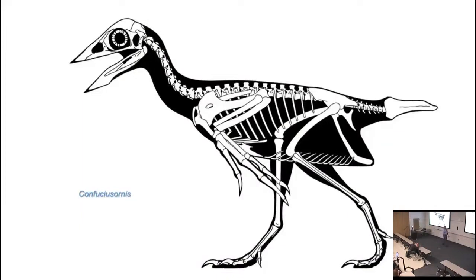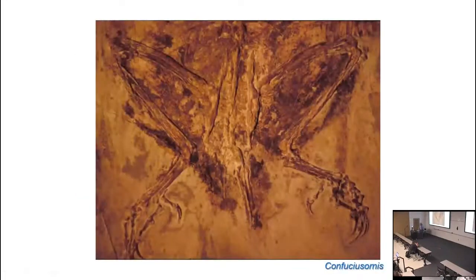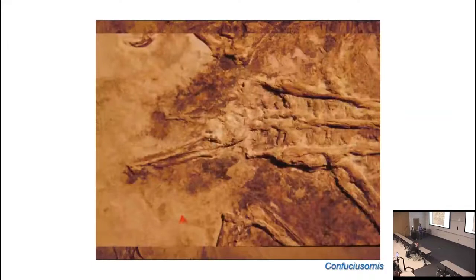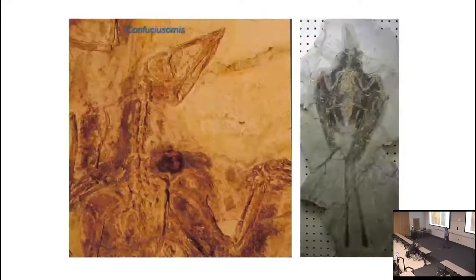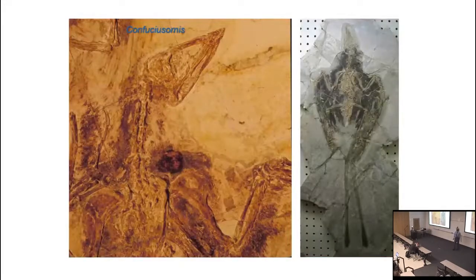So here's Confuciusornis with its gigantic pygostyle. But take a look at the hand. Its hand, still separate bones from each other, big claws. It's a smallish animal, and here's the pygostyle. All these distal caudals fused to each other. Now, Confuciusornis has a toothless beak, but that's totally convergent with modern birds.